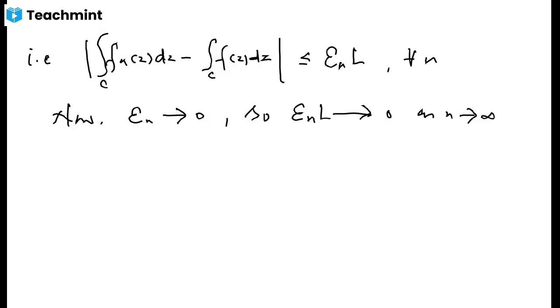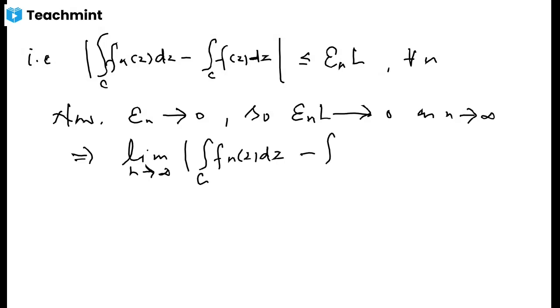So if your right hand side is going to 0, that means your left hand side will also go to 0. That means the limit as n goes to infinity of the integral of f_n(z) dz minus the integral of f(z) dz goes to 0.